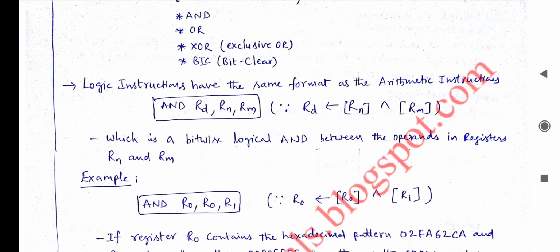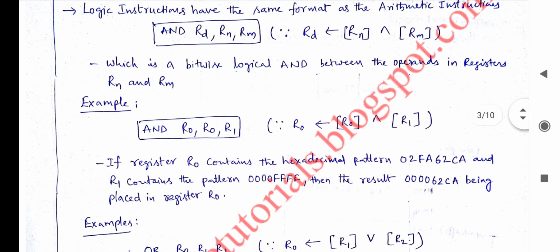See here, the AND operation is performed between the contents stored in register Rn and register Rm, and the result is stored in register Rd. It is a bitwise logical AND between the contents of registers Rn and Rm.